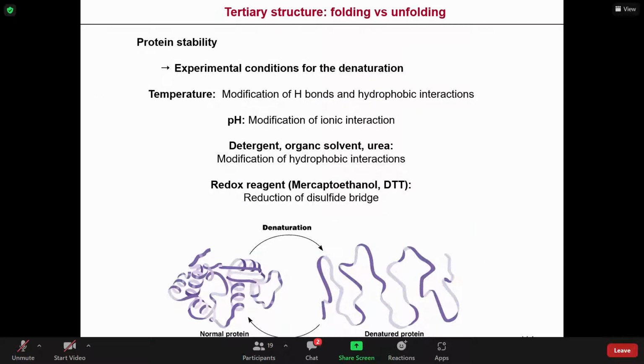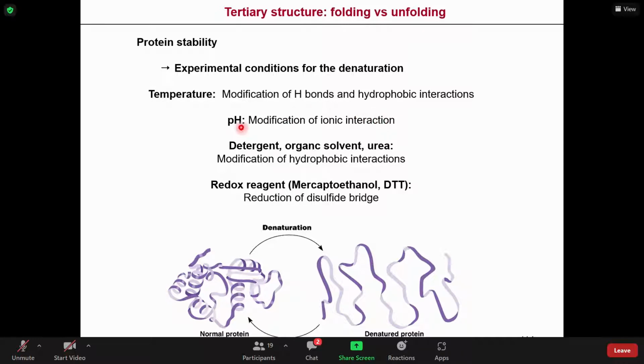So you have here a summary of all the stresses we can have for the proteins. The temperature, I already told you that it will modify the H bond and the hydrophobic interaction. The pH, it means the acid and base addition modifies the ionic interaction.